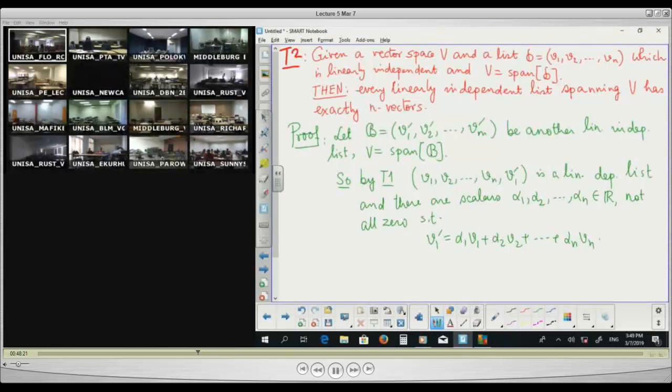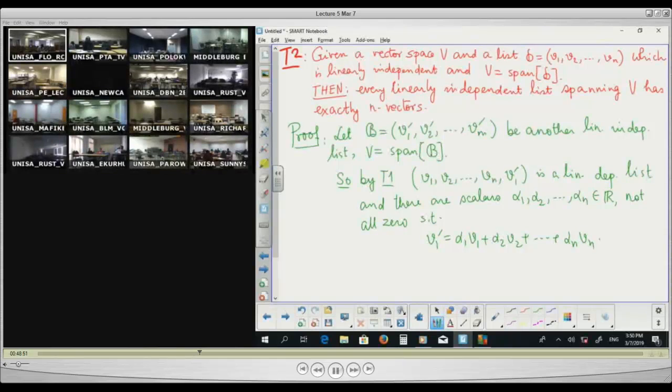Since you have told me that V1 prime, V2 prime up to Vn prime is a linearly independent list, none of them can be the zero vector, right? Now, since V1, V2, Vn span V, V1 prime is a linear combination of V1, V2, Vn.